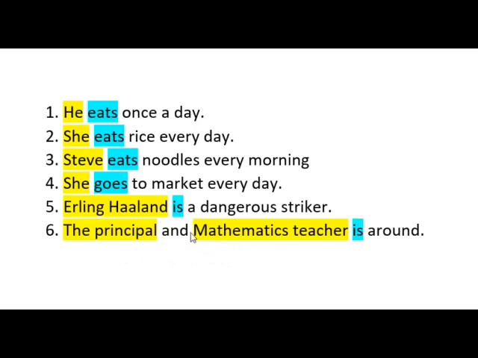But the fact that there is no article the here, it means that the principal and mathematics teacher is still referring to the same person. So we use the singular verb is for the sentence. So when we have two subjects or even three, all of them referring to one person, it will still go with a singular verb.